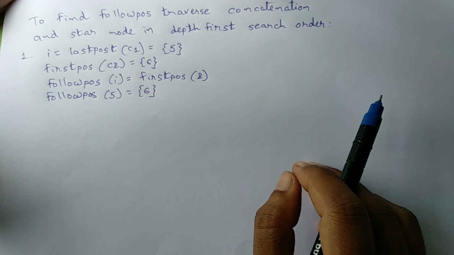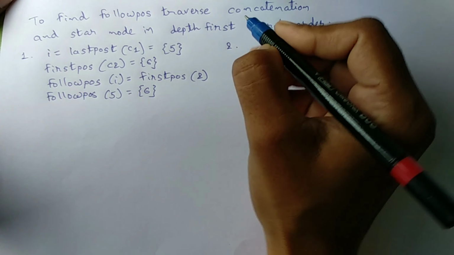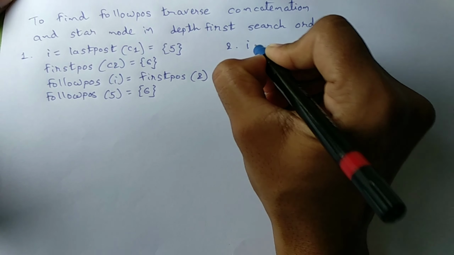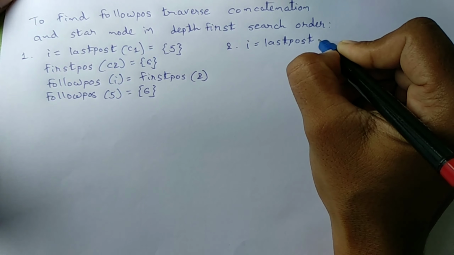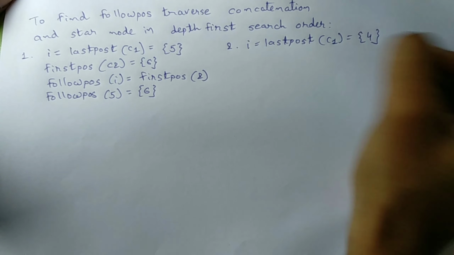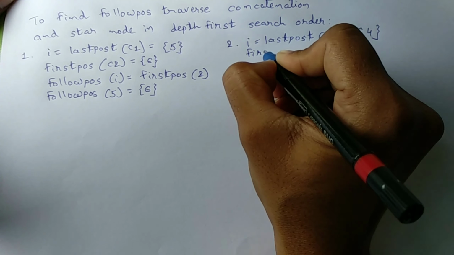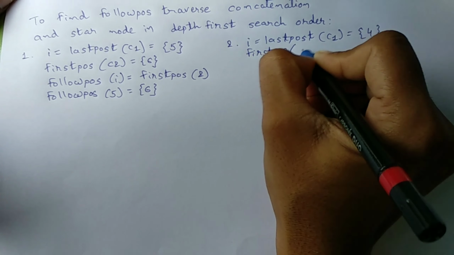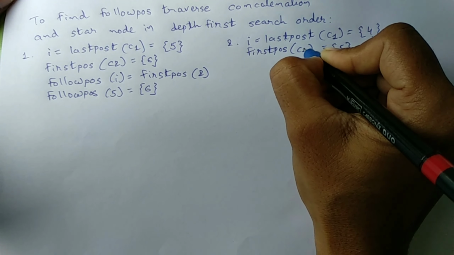So now calculate for the second, which is i equal to last position of c1. Next last position is 4. So first position of c2 equal to 5.